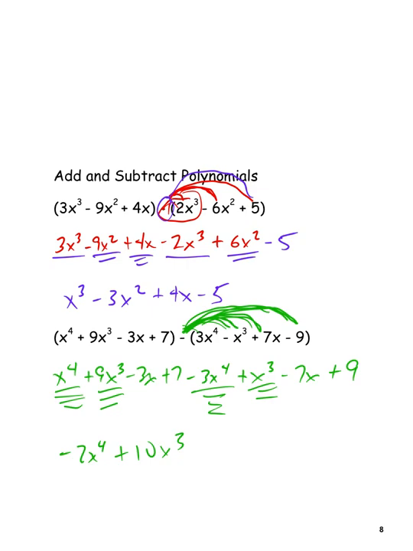There's no x squared terms here, but we do have a negative 3x and a negative 7x. That's negative 10x. And then finally, a plus 7 and a plus 9, again, because it was minus a negative 9, to give us plus 16 at the end there. So combining like terms there at the end, again, is just the last step in the subtraction process.